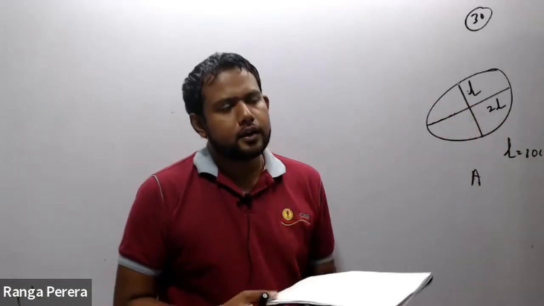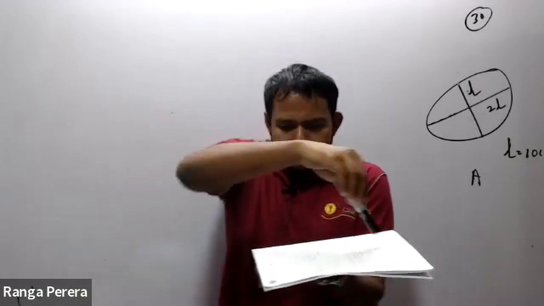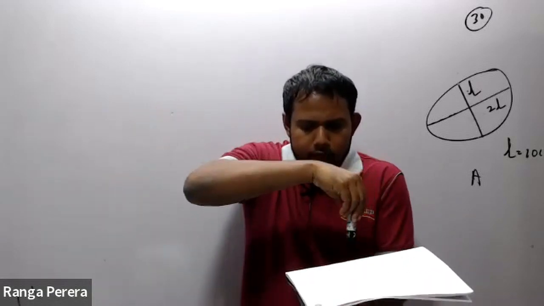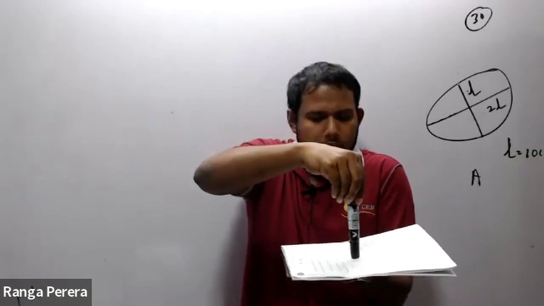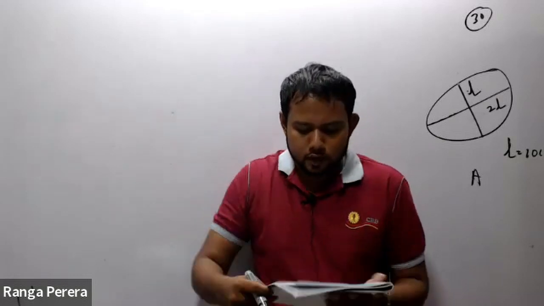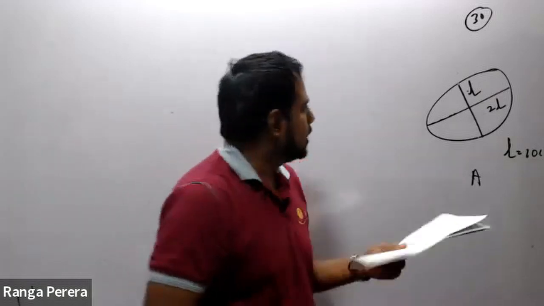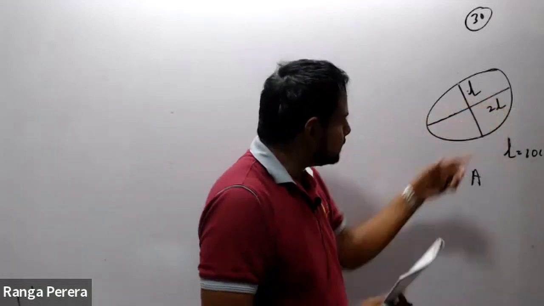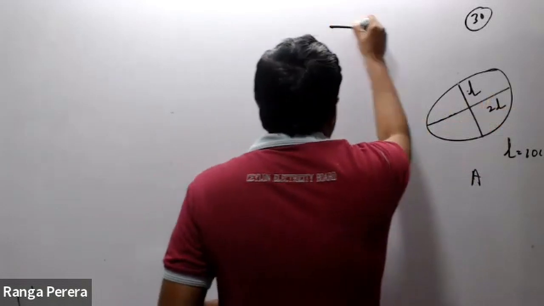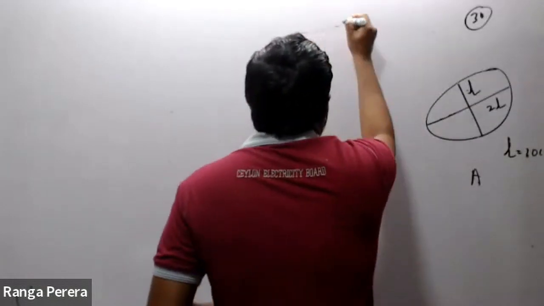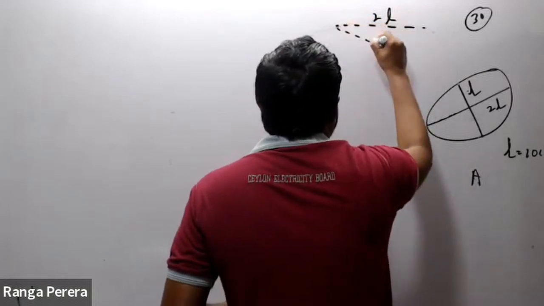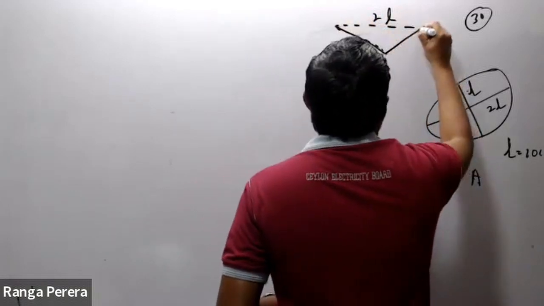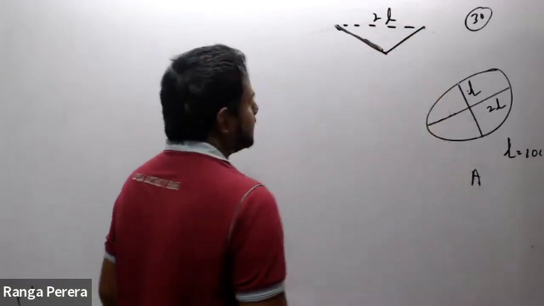You should understand it clearly. Let's say this is one string and the other string. I apply a certain force perpendicular to the plane. Can you imagine this situation now? For the longer one, it is 2L. Now it is like this.